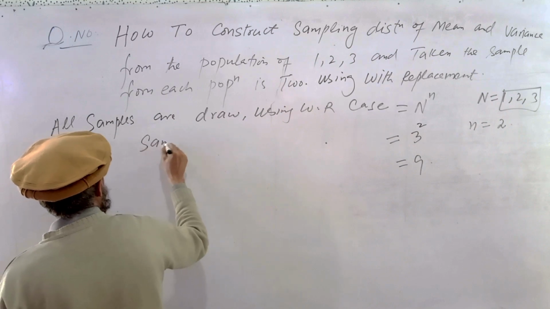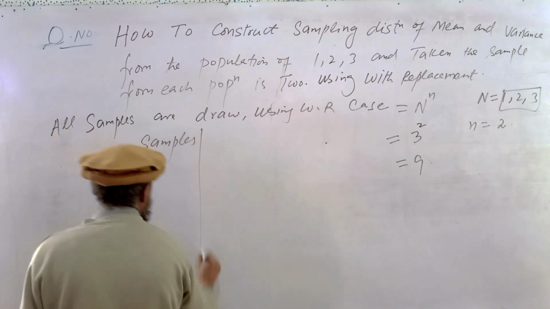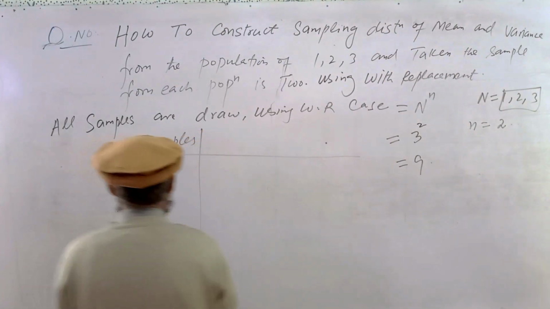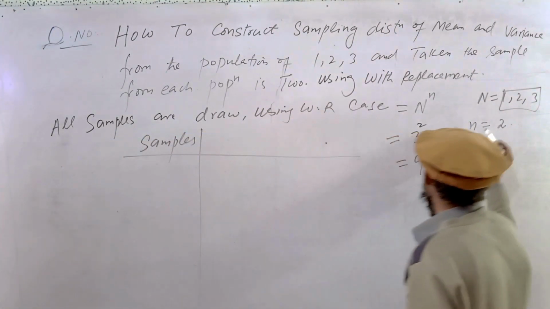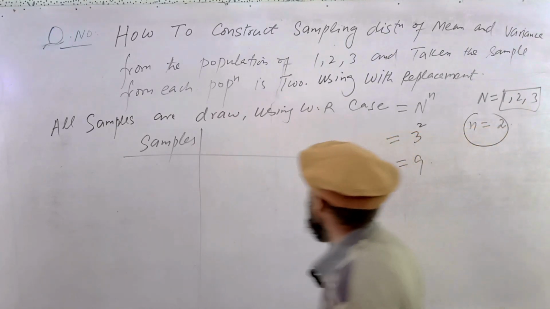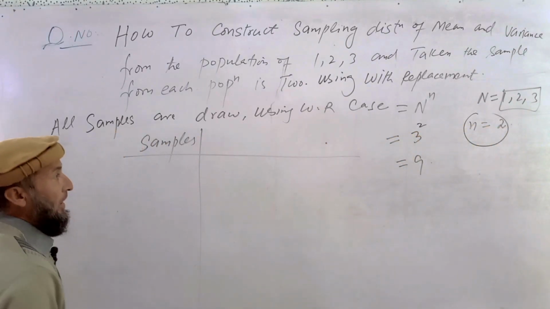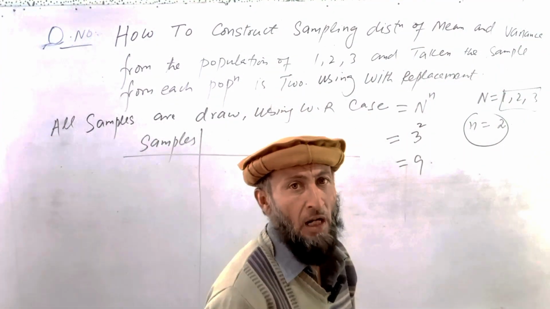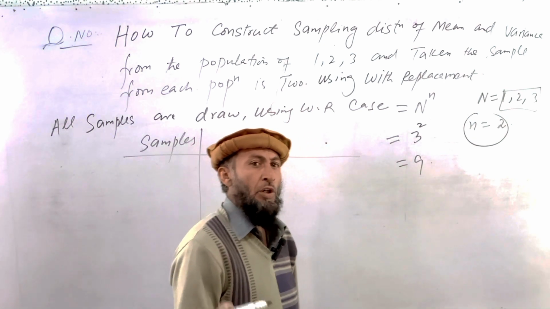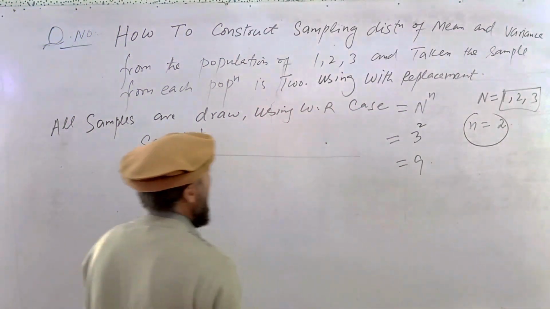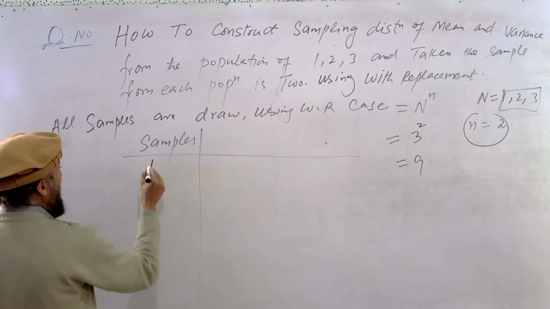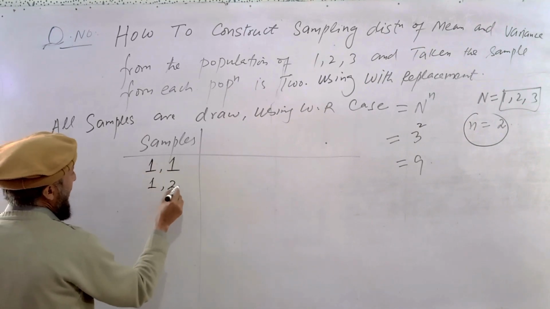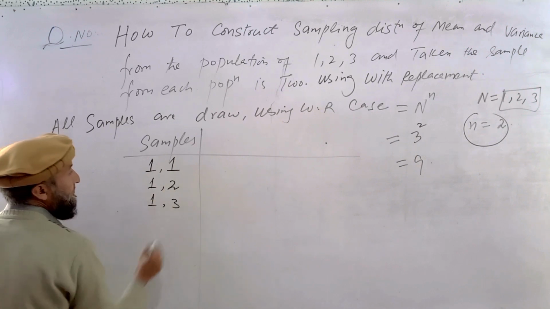Now look here, we are drawing two samples. We start with the with replacement case. With replacement means that after we draw one element, we return it back. So we start from 1: 1 1, 1 2, 1 3.